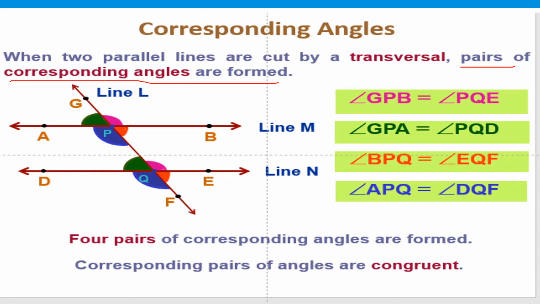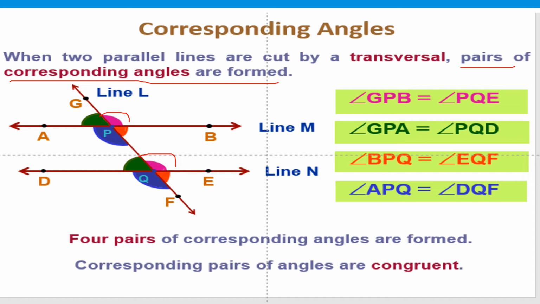We have angle GPB and angle PQE, so these are corresponding, and also angle GPA and angle PQD. Okay, so these are the second.